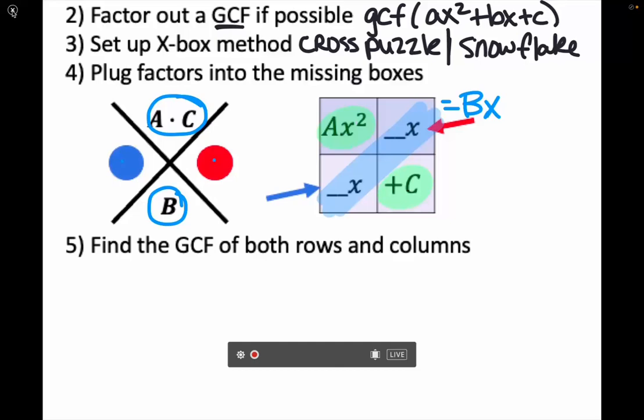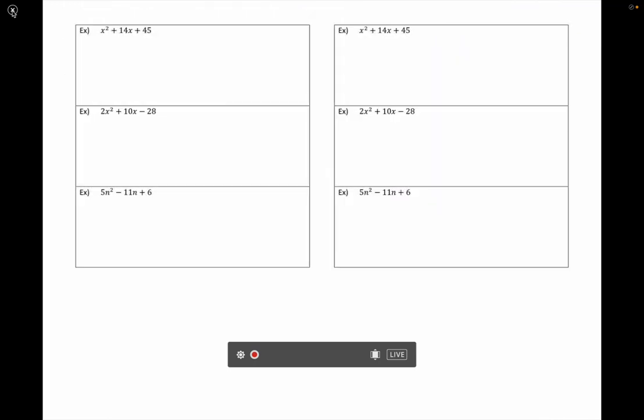Things I do want you to be aware of, we're going to write this on the back of the next page, right down here before we move on. When we're looking at this, you need to pay attention to our signs, okay? Signs are going to be real important when we do this.